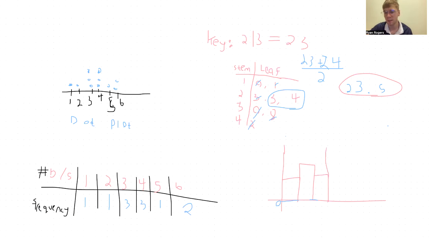But if you put a space in between like this, I'm going to assume that this data right here is a value of zero, that there's no one who had this many brothers and sisters or could do this many push-ups, right? But if your data has no values of zero, there's no space in between where there's no data, then you can't put spaces in between your histogram, okay? So no spaces, no spaces, okay?